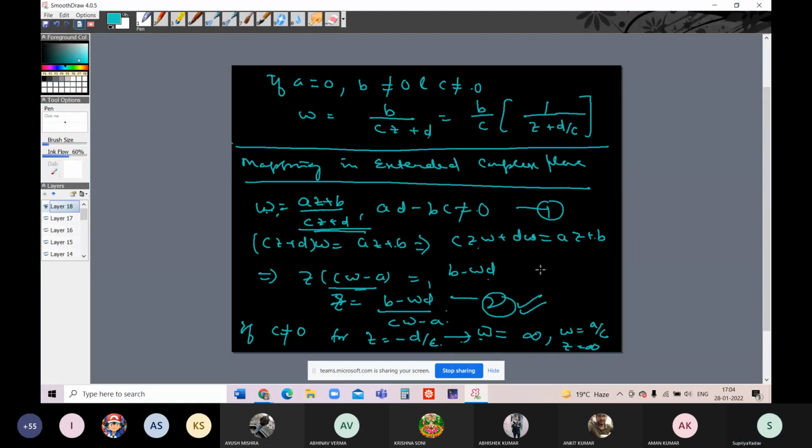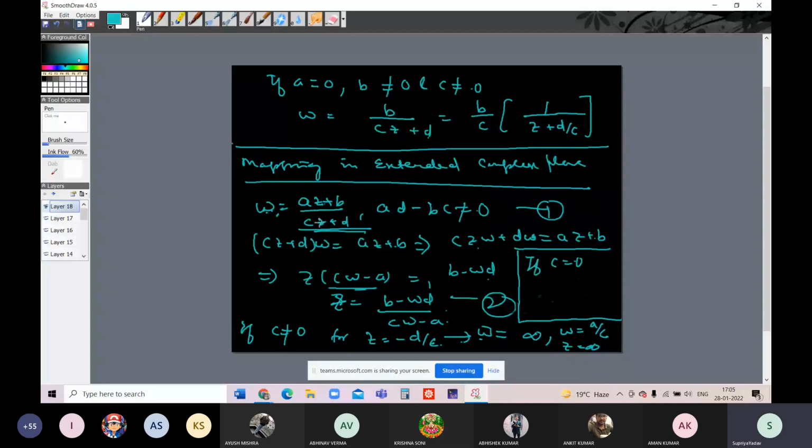For the condition C is 0, we are doing it here because we have to come back to the previous slide.